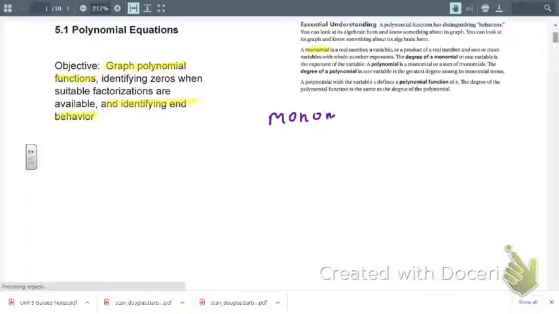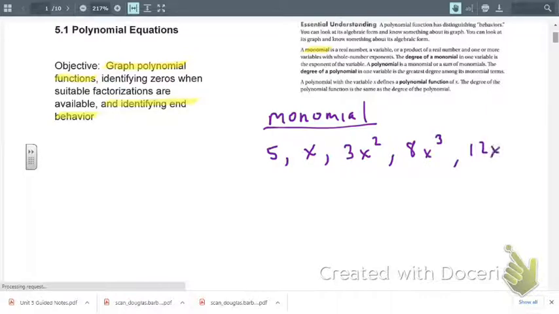Examples of a monomial: it's a polynomial with just a single term. 5 is a monomial. x is a monomial. 3x squared, 8x to the third, 12x to the eighth. Those are all monomials because each is a polynomial with a single term.